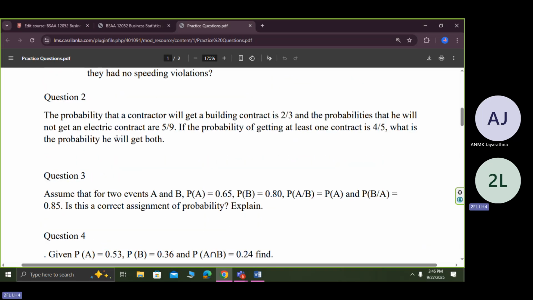This is the general question regarding probability. Using the last week's lesson and the basic probability concept, hurry up and write the answer for question number 2.